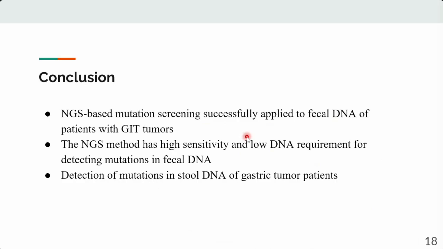Traditionally, NGS has been limited by low DNA content, but this study demonstrates the high sensitivity of NGS, increasing the diagnostic level of fecal DNA testing. In addition, the results highlight the potential for early detection of GI tumors using NGS-based fecal DNA testing.